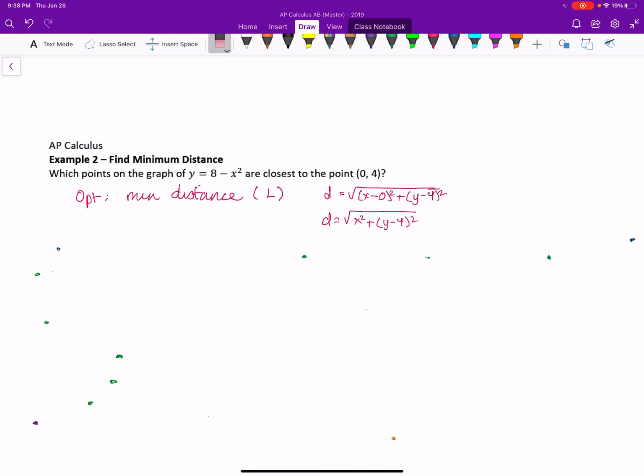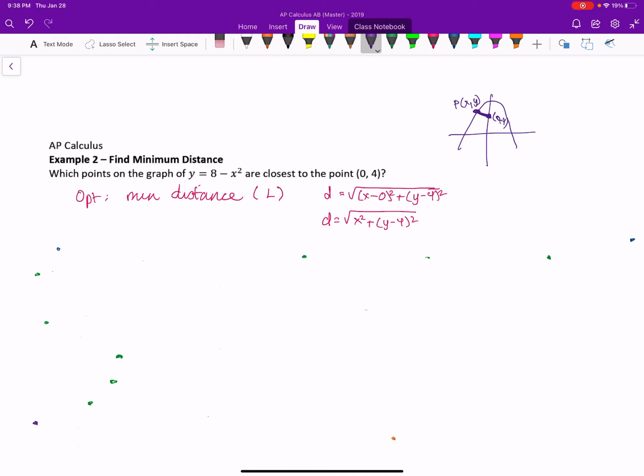So we're finding all of the points on a particular parabola. If I was to sketch this here, at any given point (x, y) on this parabola, where do I get the shortest distance between that point and the point (0, 4)?